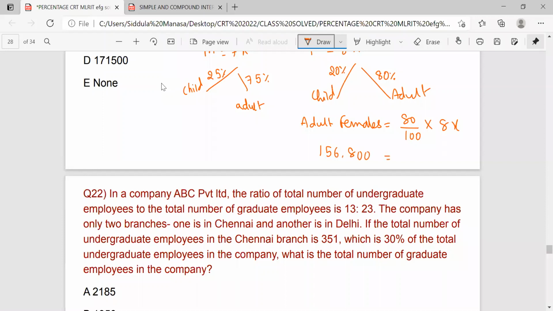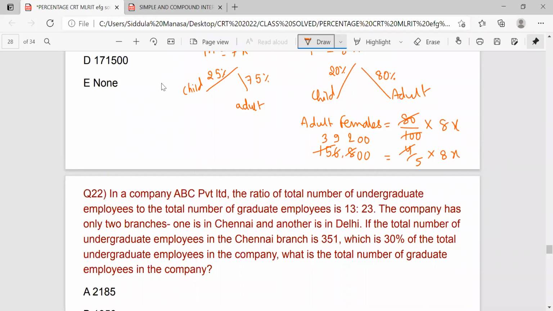So 1,56,800 is equal to 4 by 5 into 8x, right? So what we are going to get? 4 3s are 12, 4 9s are 36, 4 2s are 8, 00.